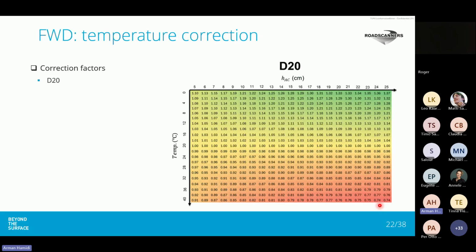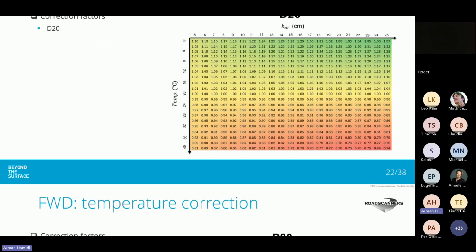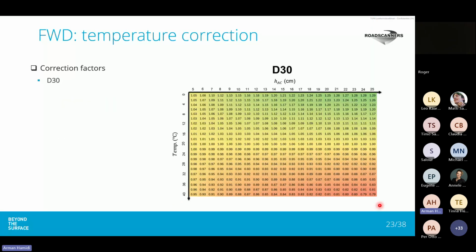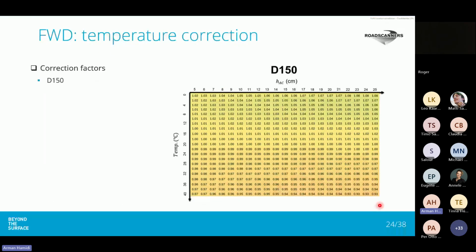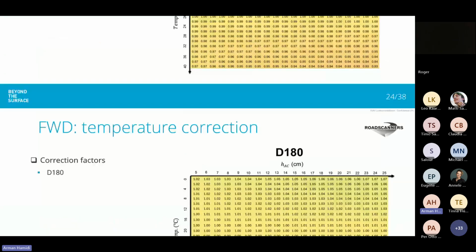So this table can be applied for correcting D20 values and also for D30. And I have also shown some for outer radial distances, including D150 and D180.